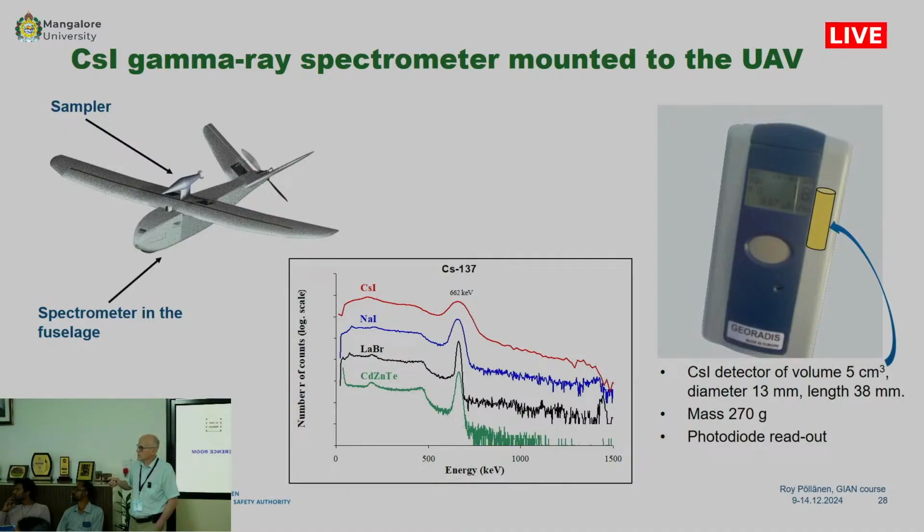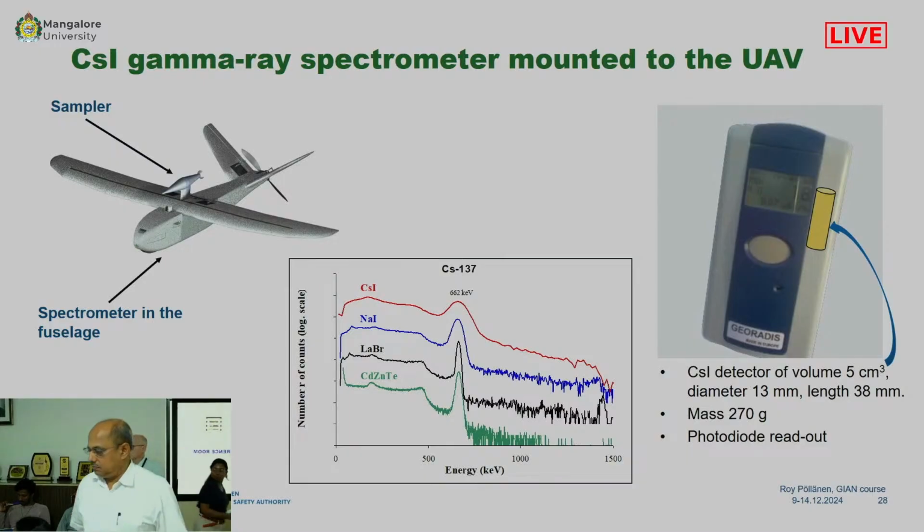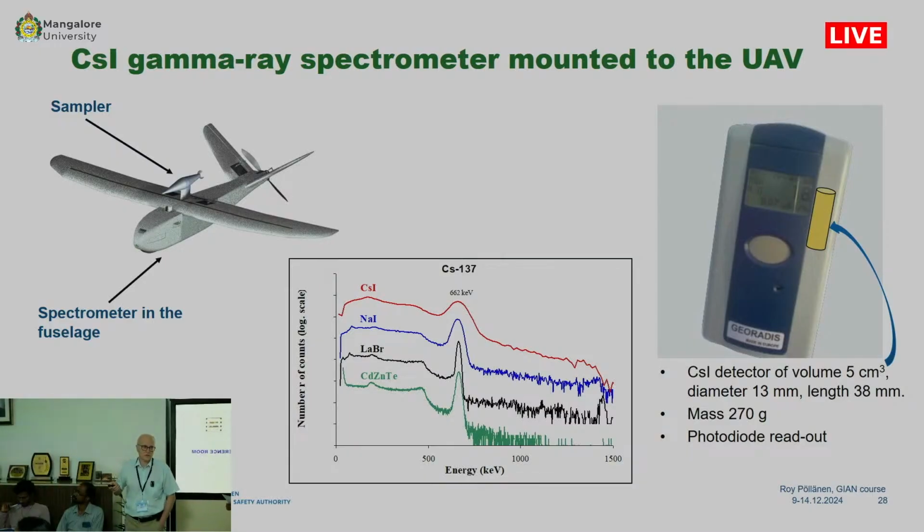Here is a cadmium zinc telluride detector. Here are lanthanum bromide, sodium iodide, and calcium iodide detectors. In fact, the best one today, I think, is cadmium zinc telluride. But as you can see, in the case of the calcium iodide detector, the resolution is not very good.